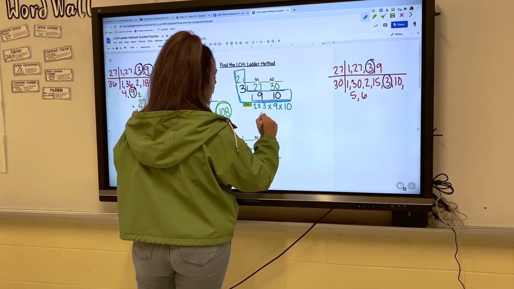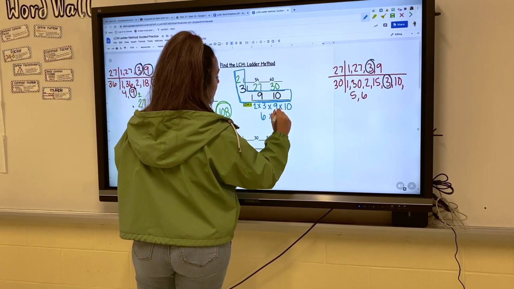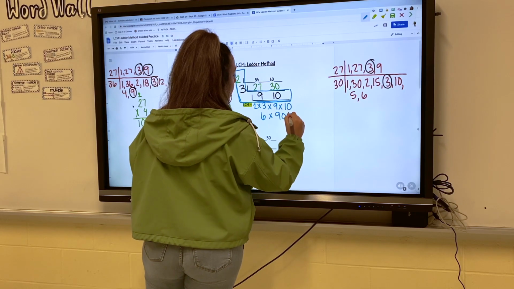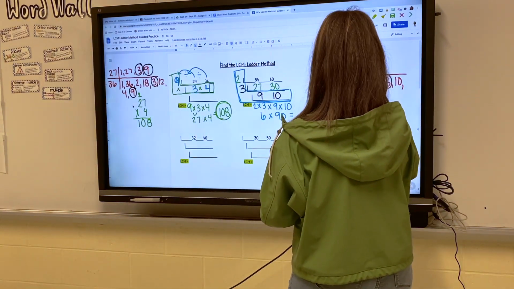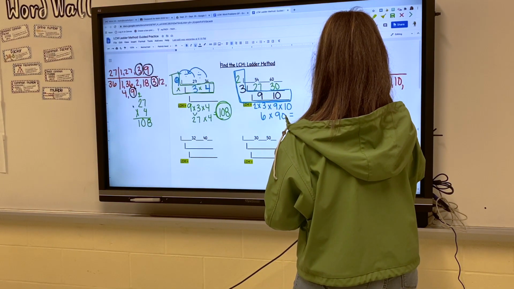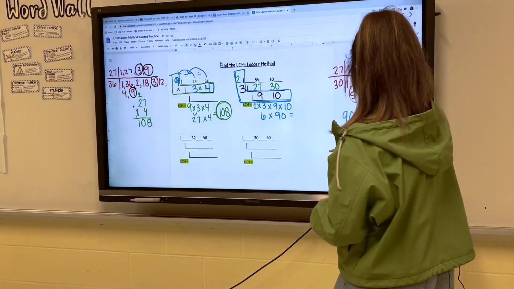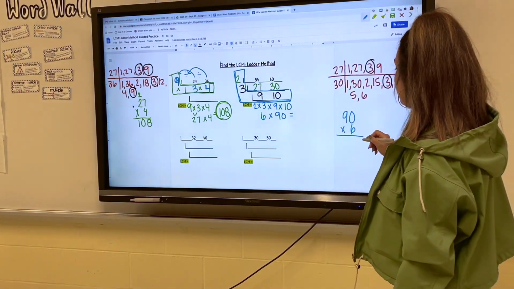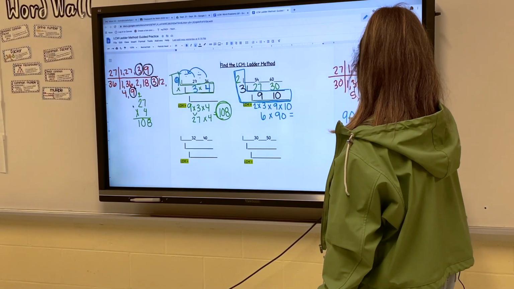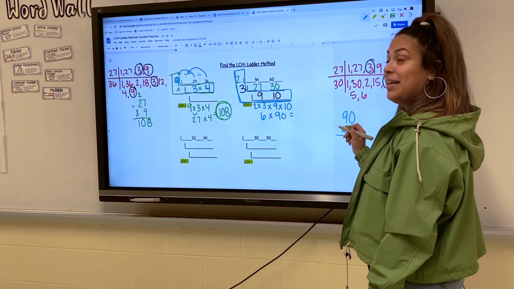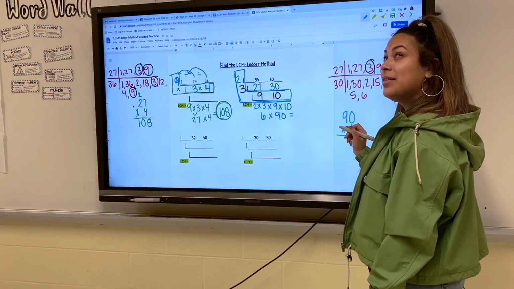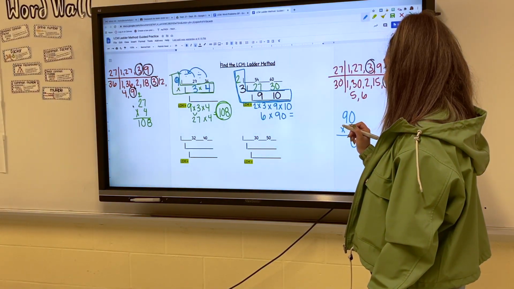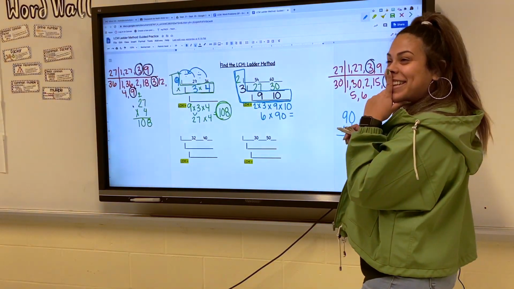2 times 3 is 6. 9 times 10 is 90. I don't know what 6 times 90 is off the top of my head, so I'm going to go to the side. 0 times 6 is 0. 9 times 6 is, hold on, is it 54?